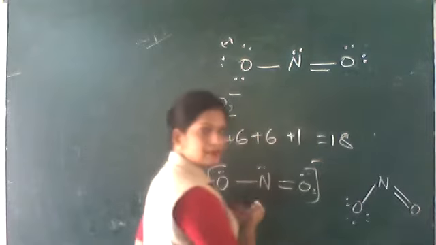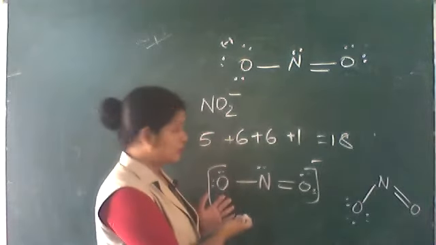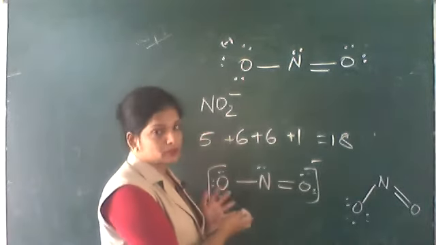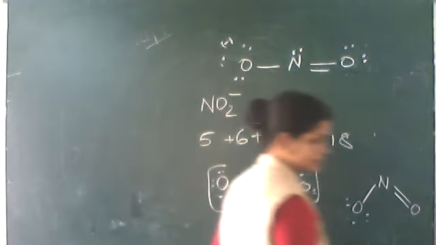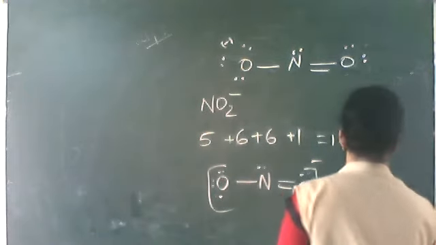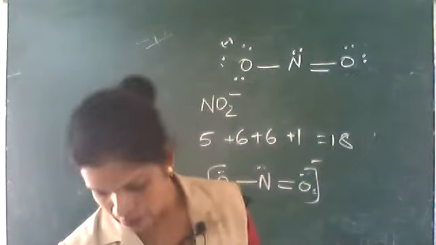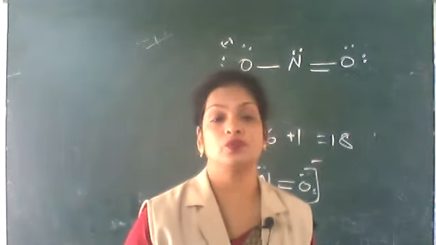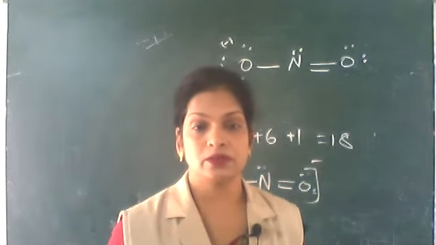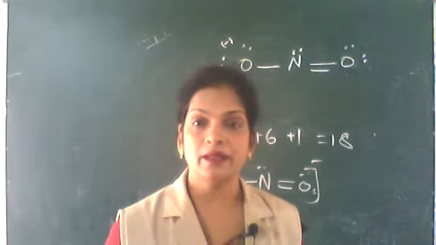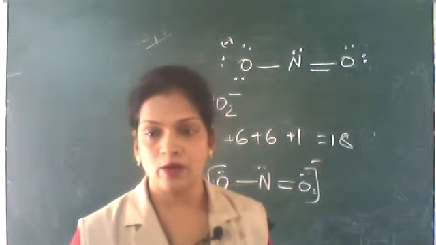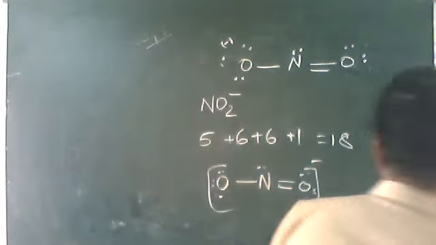You can show this thing only. The actual bent structure is not given by Lewis. What is the shape of this molecule? The shape of molecules is not given by Lewis. So that is a drawback of the Lewis structure.